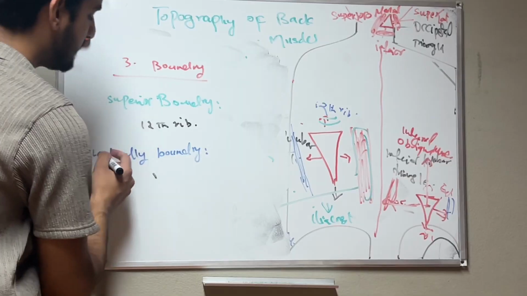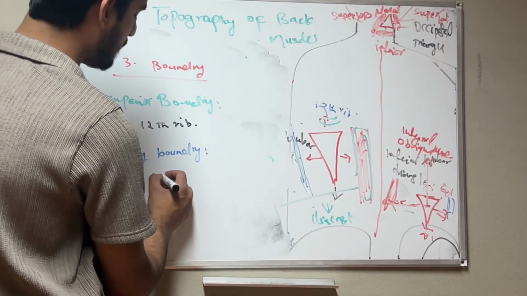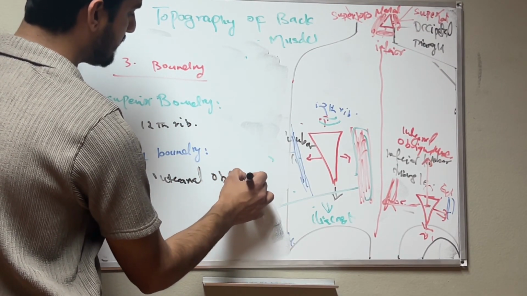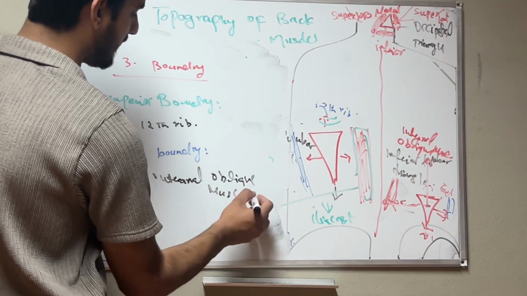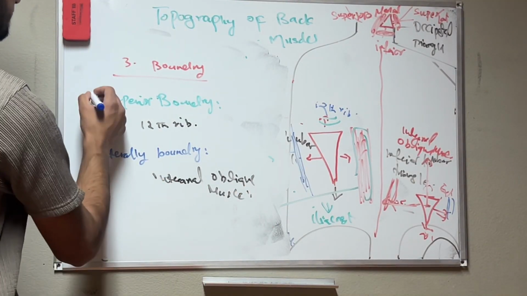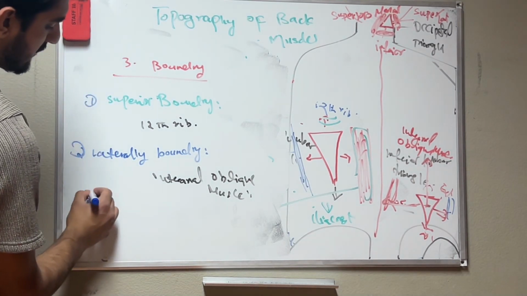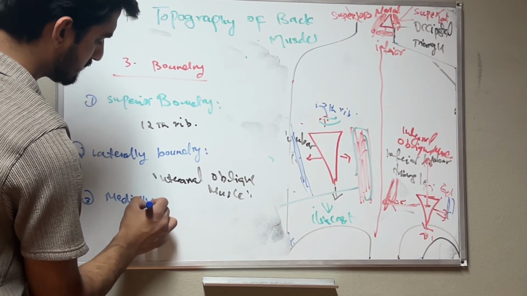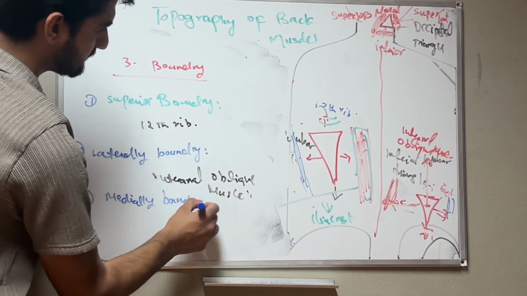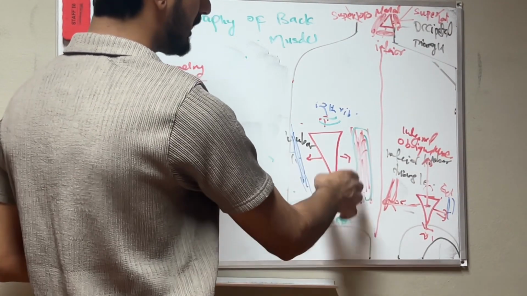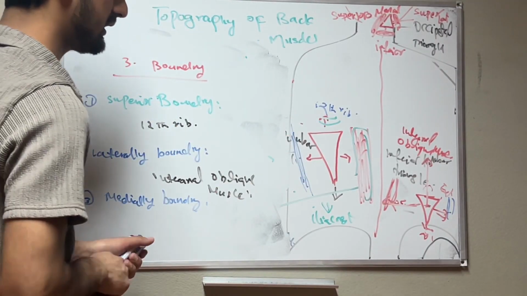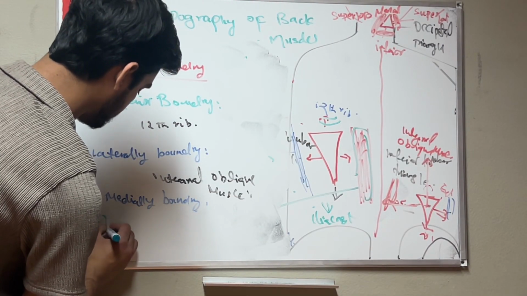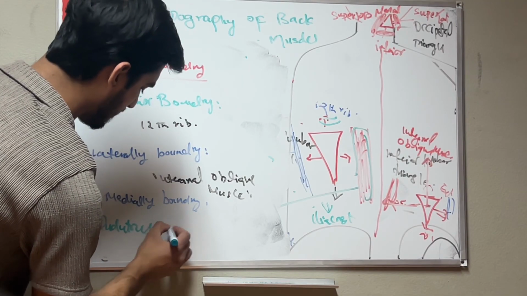It means the lateral boundary of the superior lumbar triangle is the internal oblique muscle, which belongs to the lateral group of abdominal muscles. Then the third boundary, the medial boundary, is also a muscle, of the posterior group: the quadratus lumborum muscle.